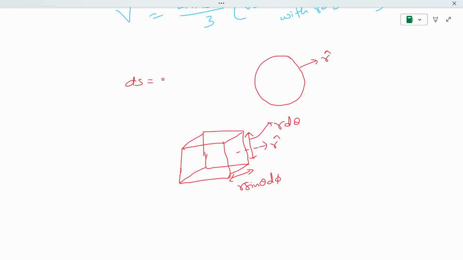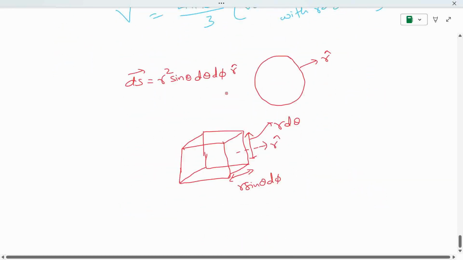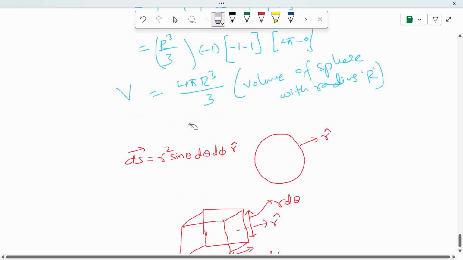So here ds will be r square sin theta d theta d phi, r cap. See, surface element is a vector, differential surface is vector, and differential length is also a vector, but not the differential volume. So this is a differential surface along r cap direction.